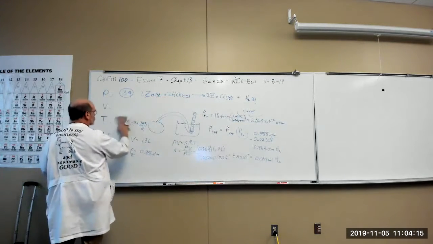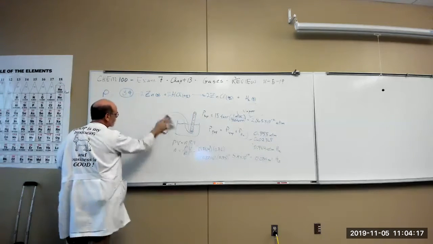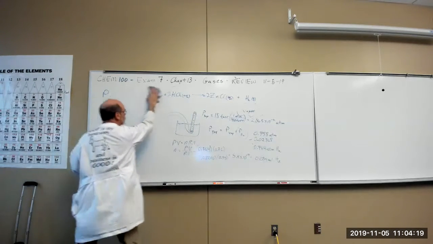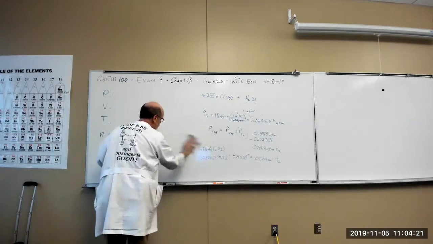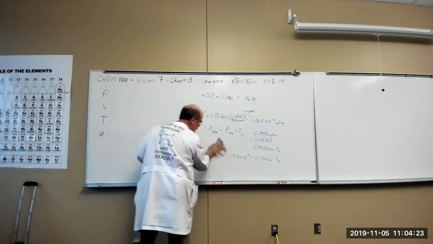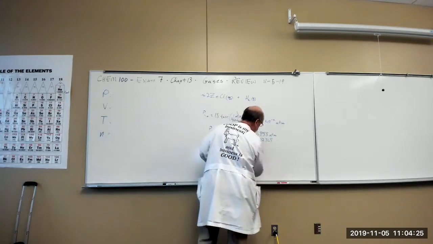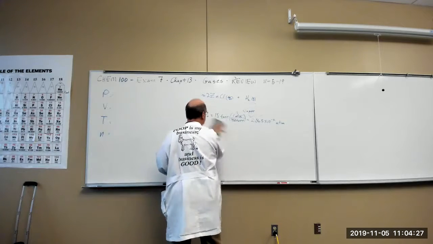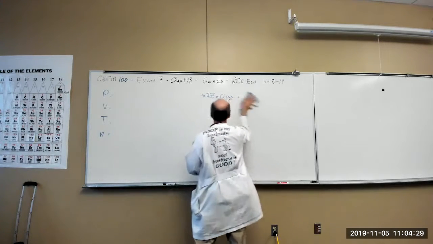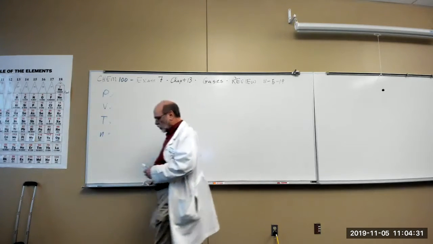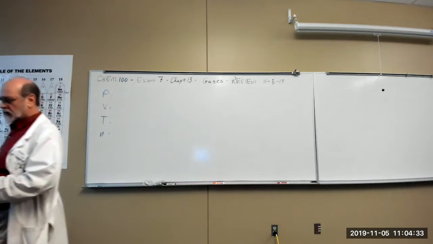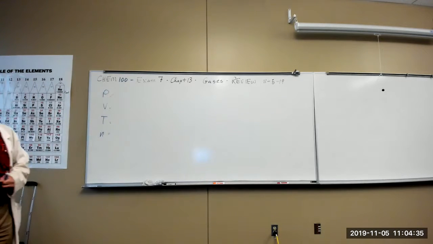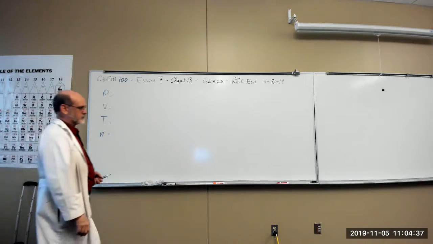So the question was asked in class, how do we know which formulas to use? You use the formulas that you need to use to answer the question. I know that sounds like a cop-out, but the only way you're going to know which equations to use is to work lots of problems, lots of different problems.